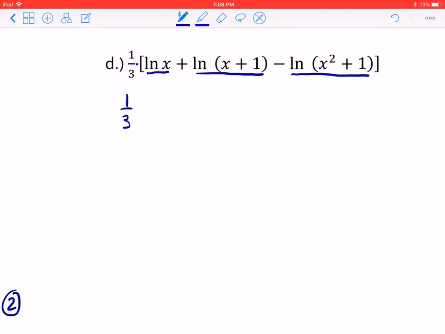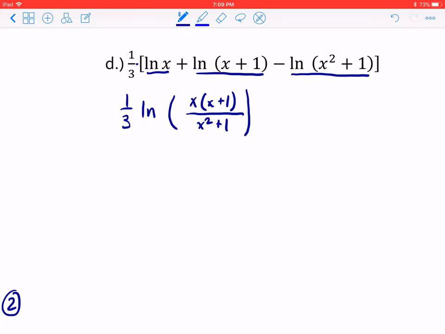So the 1/3, I'll deal with that after, because I could apply the power rule after to put it back up on top. But I want to write these 3 logarithms as 1. In the numerator, we're going to have an x times an x plus 1. In the denominator, we're going to have an x squared plus 1.